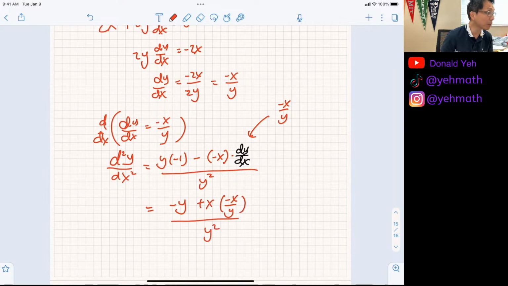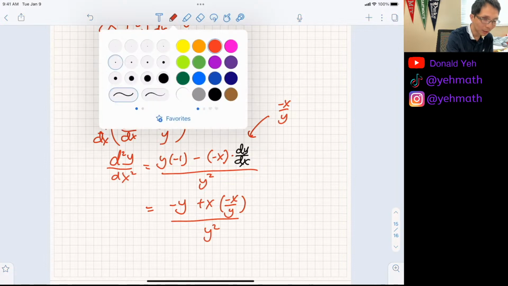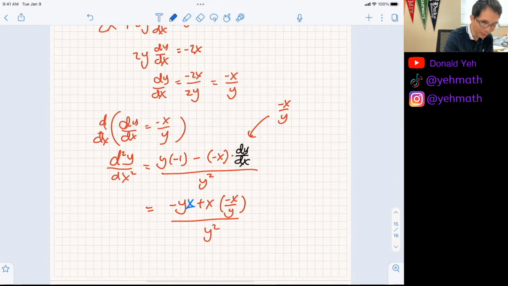Now it's not completely finished yet, just because this is still a complex fraction. So what we're going to do is combine the fraction on the top. I'm going to multiply this by y over y. Shh, pay attention.